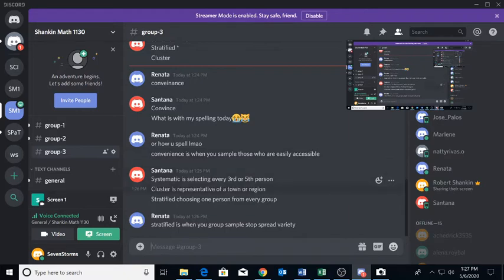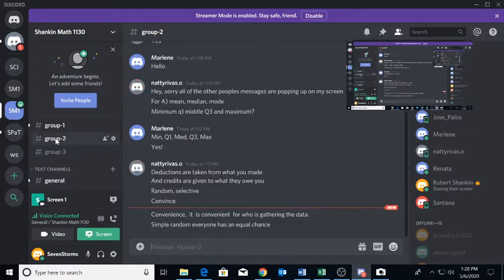And then cluster, you pick everybody in a certain region. Stratified, choosing one person. Stratified is when, all right. Now, these definitions of stratified, let's refine them a little bit.